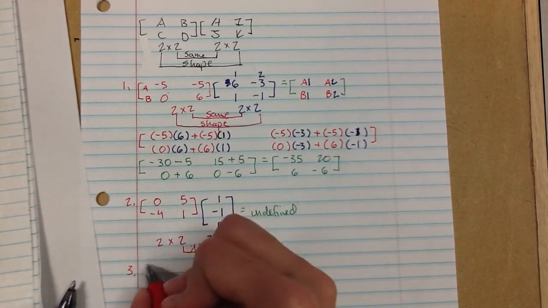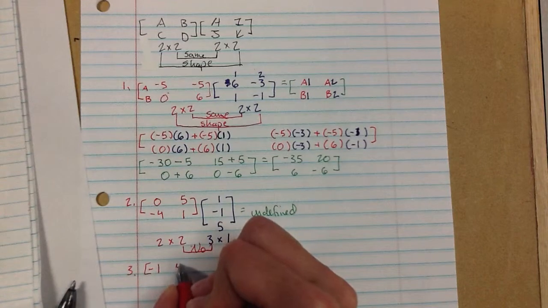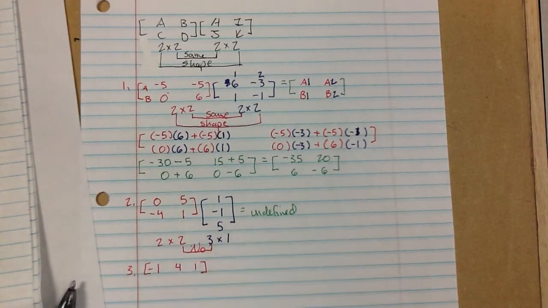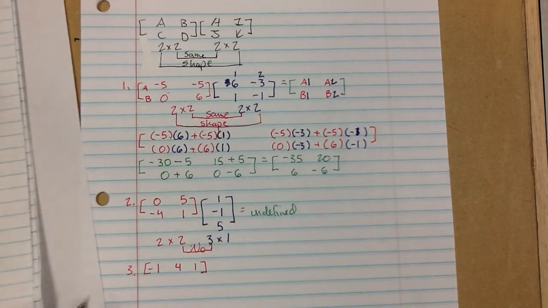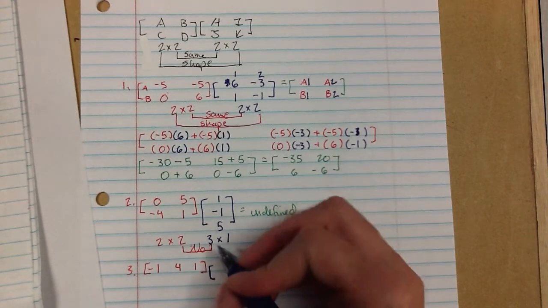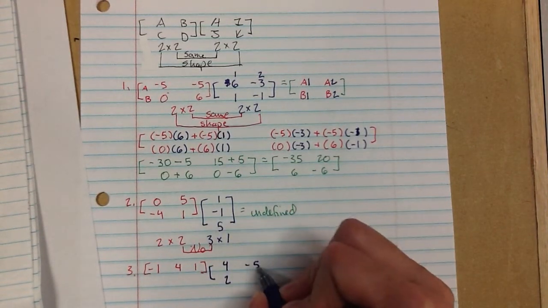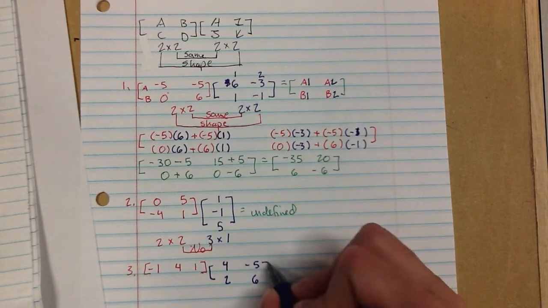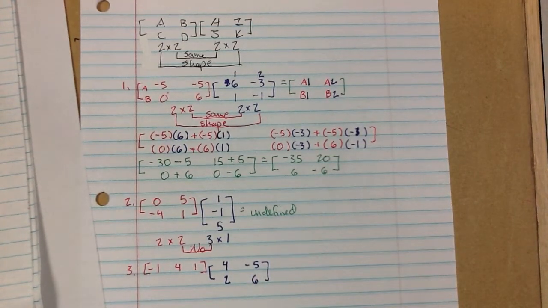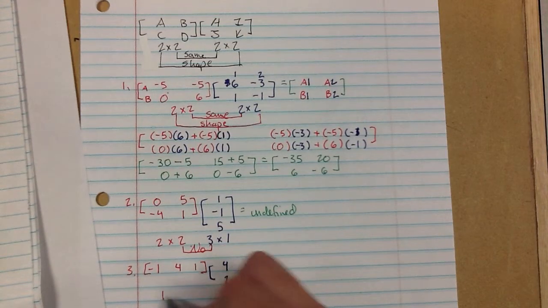Okay, number 3. I have negative 1, 4, 1. And then 4, 2, negative 5, 6. What are my dimensions for number 3? 1 by 3.